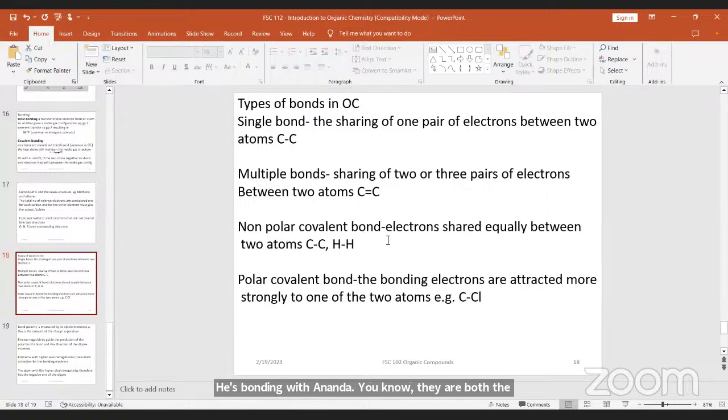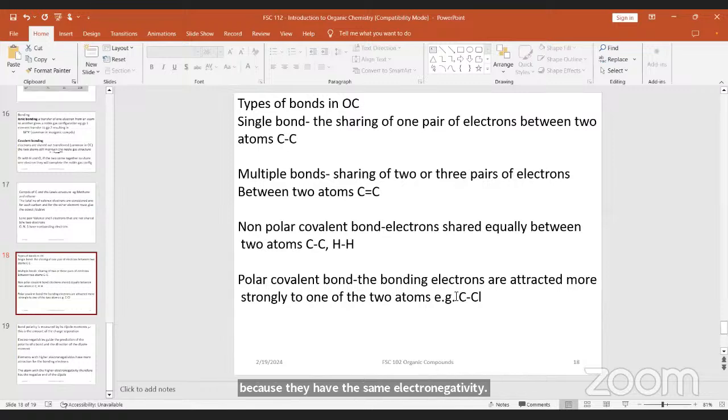Therefore, that sort of bonding can only lead to what we call a non-ionic or pure covalent bonding, because the two electrons that are being shared are just equidistant from the two atoms. It is just in the middle because they have the same electronegativity.